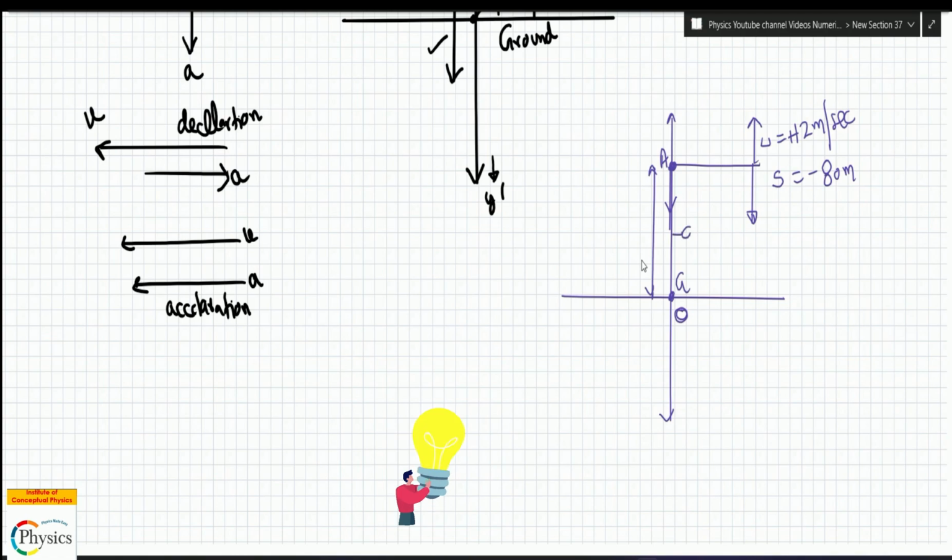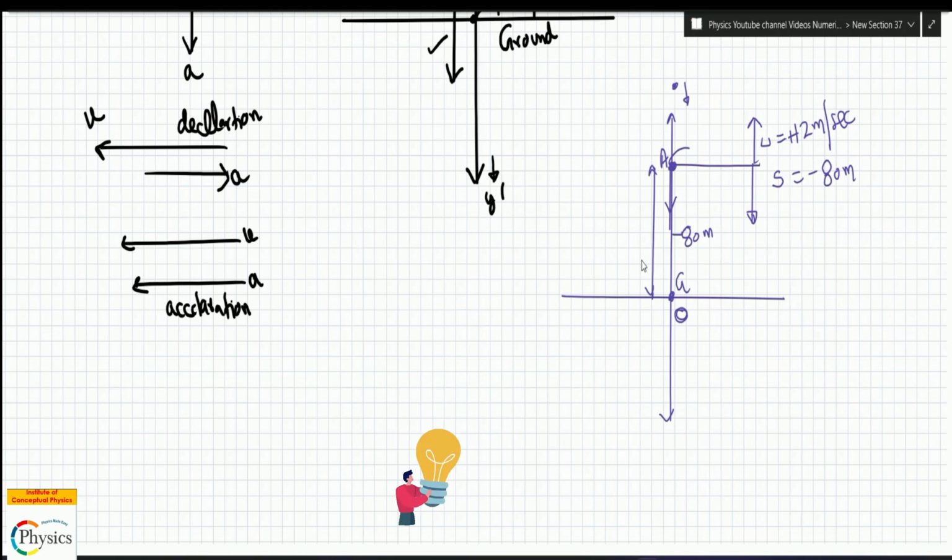So this is minus 80 meters. We will not worry about the upper part of the motion, whether it goes to the highest point and stops. We're just going to concentrate on this point and straight away start solving this problem from point A onwards, without worrying whether it goes up, down, whatever.